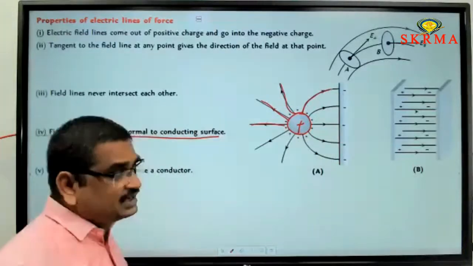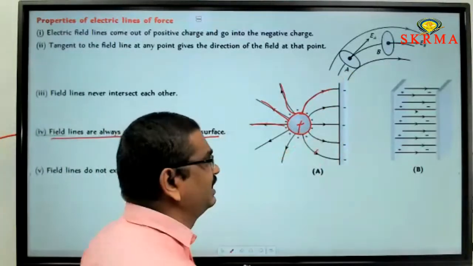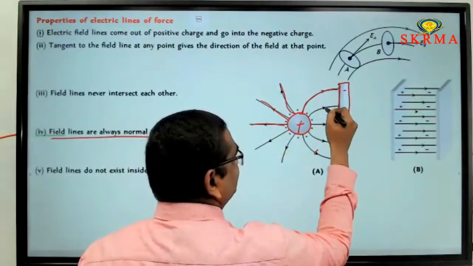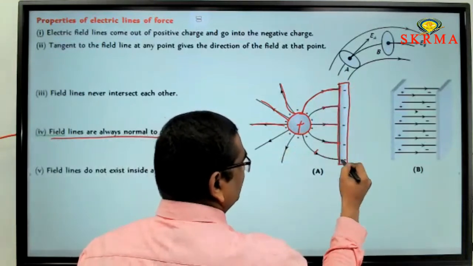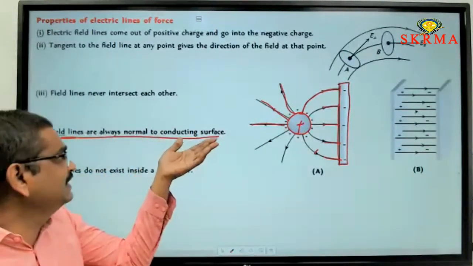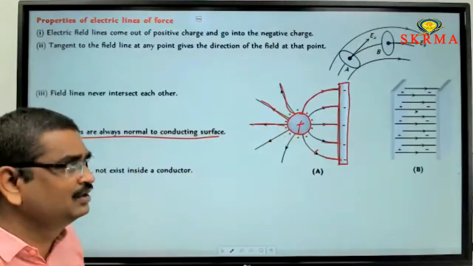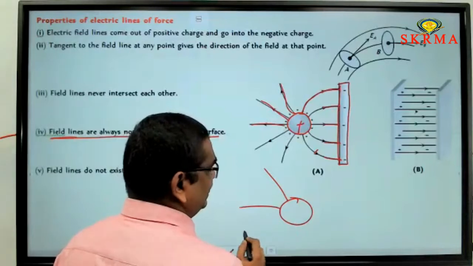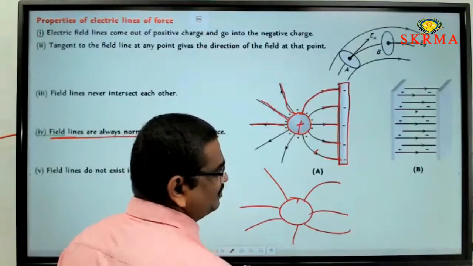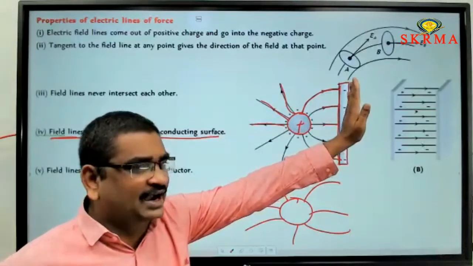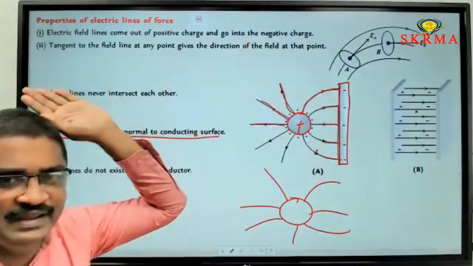At the surface, you have to draw the arrow mark perpendicular to that surface. For a conducting surface, electric field lines are normal. For a point charge, the line may be straight or it may bend like this. But for a conducting plane surface, the electric field line should be perpendicular.